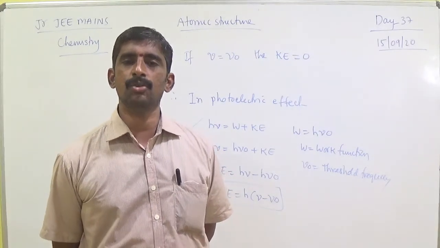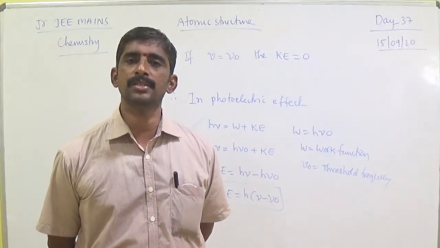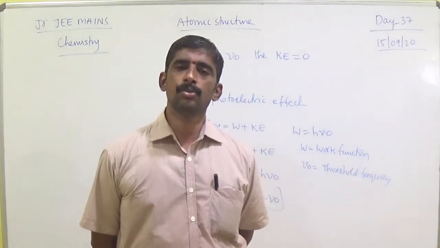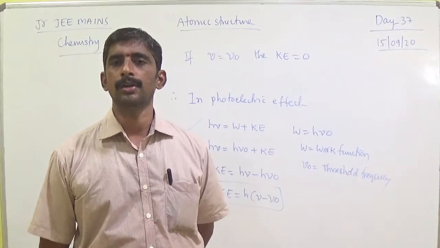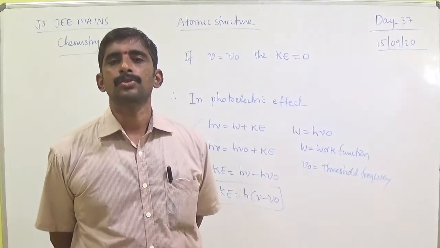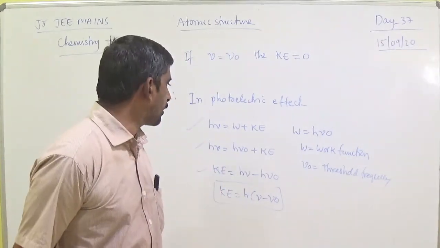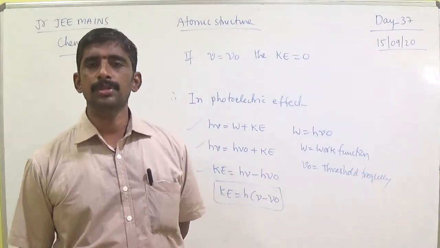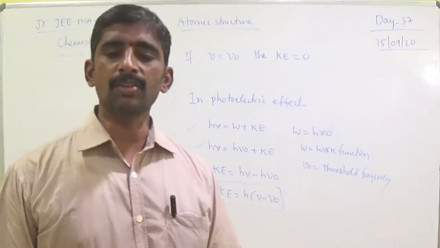That frequency is known as the threshold frequency, denoted by the symbol nu naught. The final equation is h nu equals h nu naught plus K, where K means kinetic energy. These are the photoelectric effect concepts.